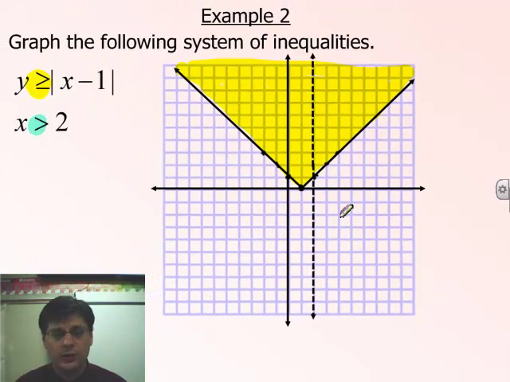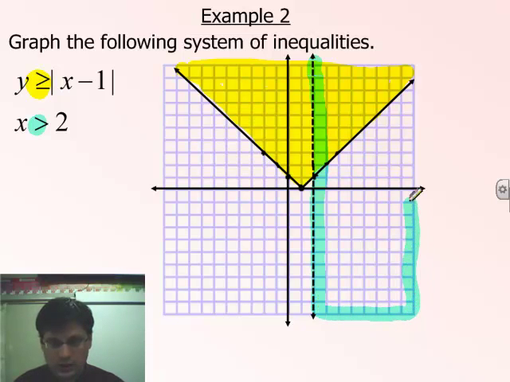So looking at our vertical line, we ask, which direction is x greater than? Well, it gets greater the further we move to the right. So we're going to shade everything to the right of this line, trying not to cross the line. So it's going to be this whole region here.